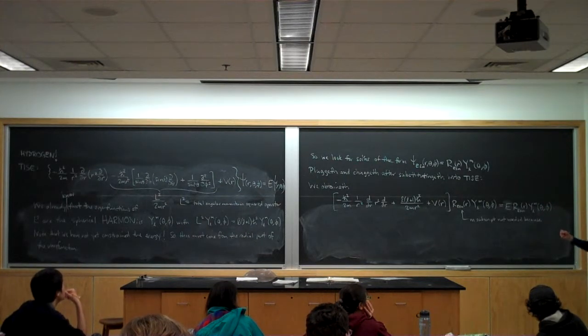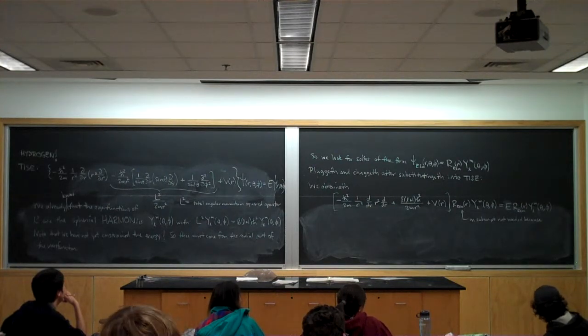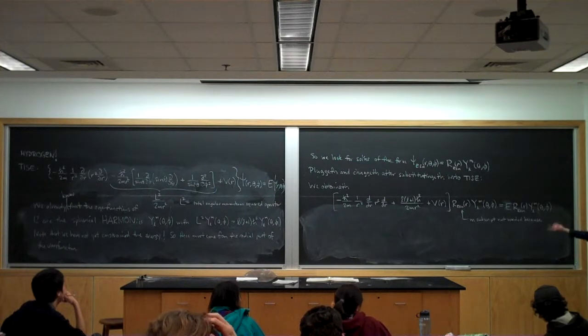Now, I don't want to dwell too long on that, but basically we don't need the m subscript. We will see directly that in general R doesn't have any dependence on what m is equal to. It's essentially because I could have picked any direction to call the z-axis. The energies are independent of m, it turns out.